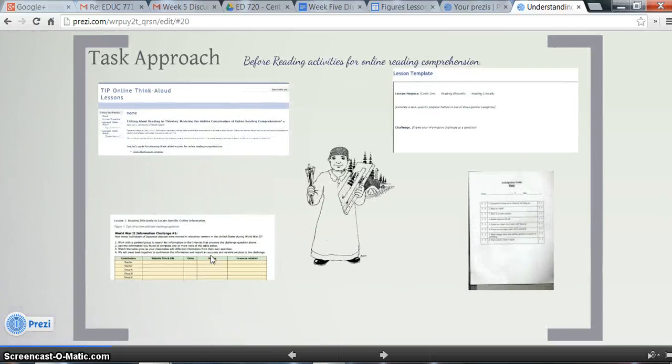This lesson begins first with your approach to the online reading task.